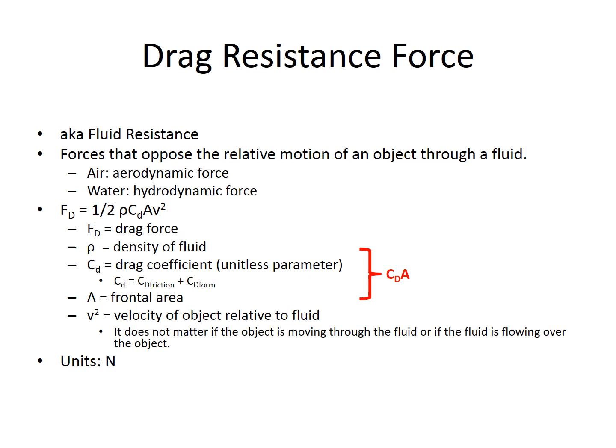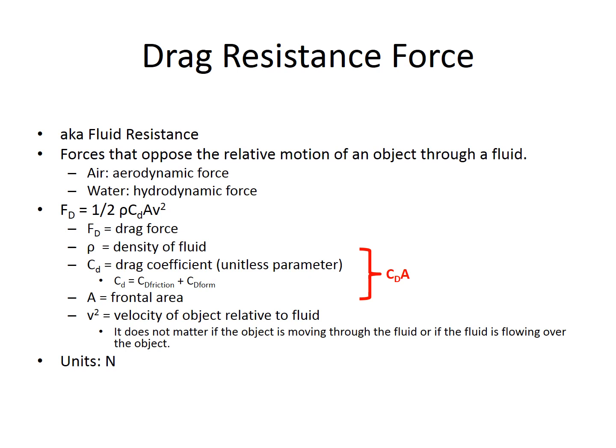Fd is the drag force, rho is the density of fluid, Cd is the drag coefficient. This is a unitless parameter. If you go back a few slides, you'll see some other drag coefficients that are included. This Cd is just a general Cd at this point. And then A is the frontal area.